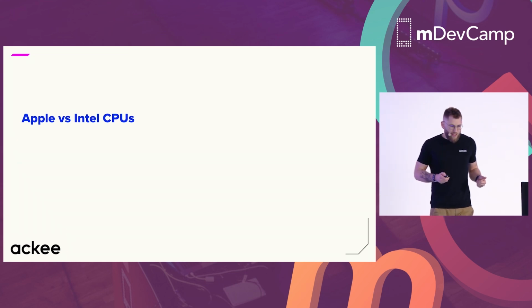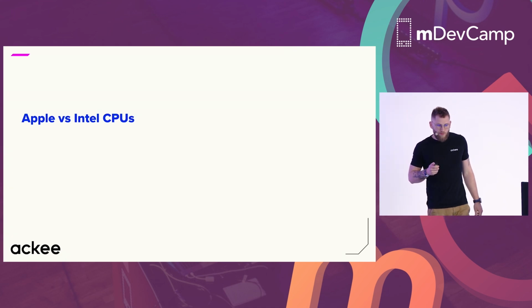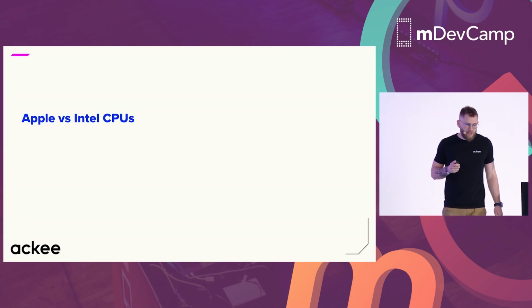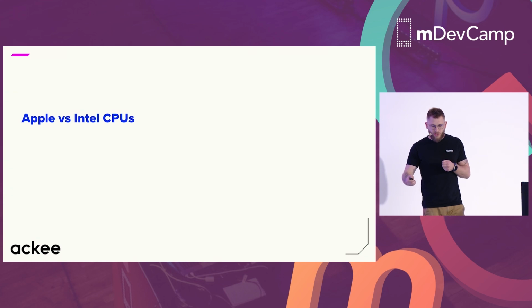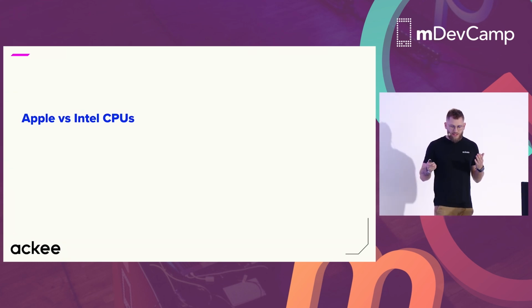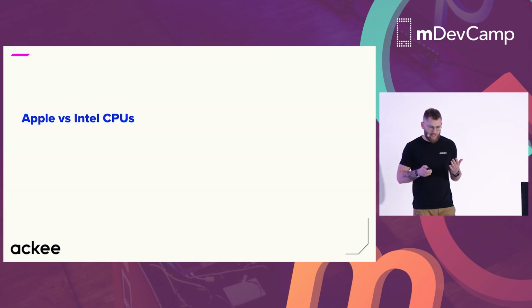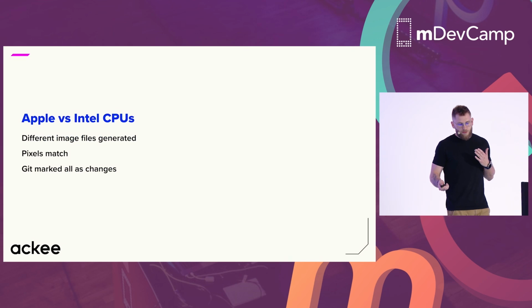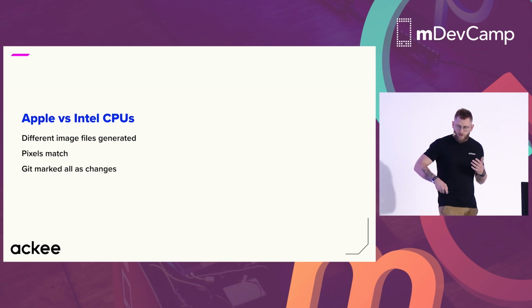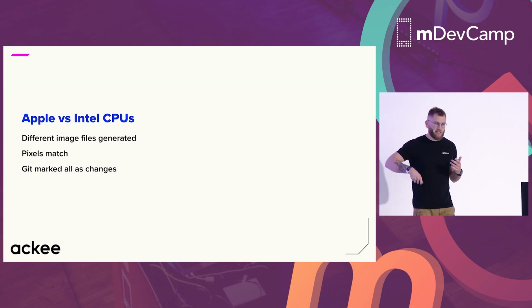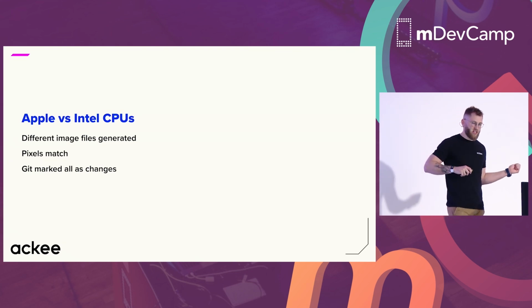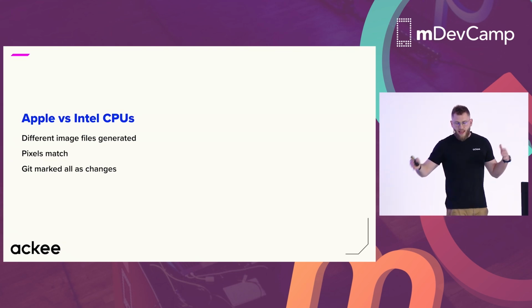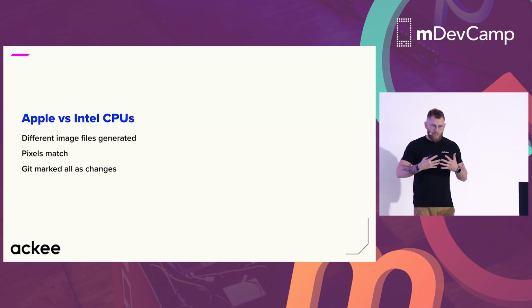This one was interesting because one of our colleagues actually had an older Intel CPU Mac. And it turned out that if you save these images, they are the same on a pixel level because there is a 100% match, but the binary files are a little bit different. So that means that Git marked all of these screenshots that my colleague generated as new changes, even though they matched pixel by pixel.